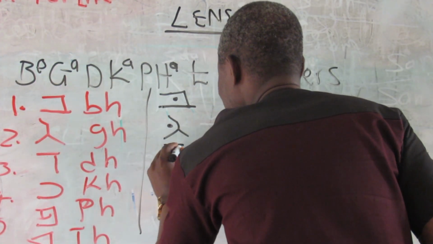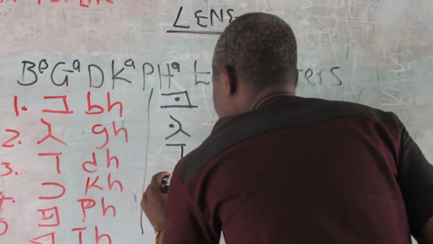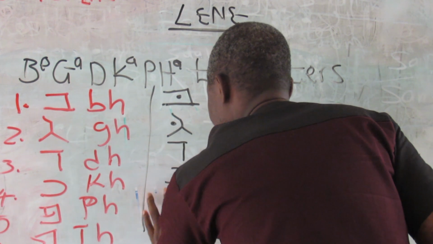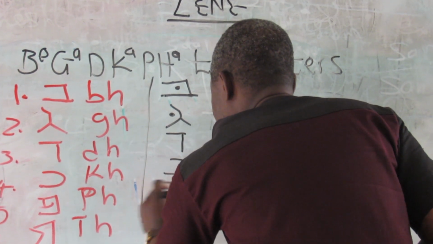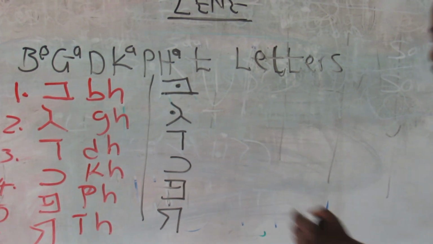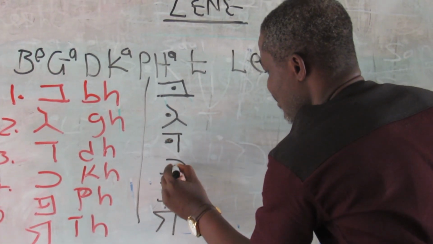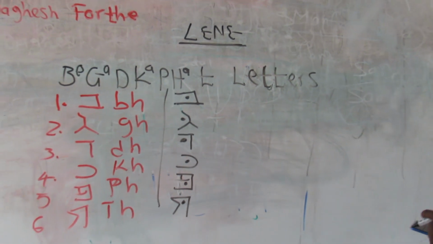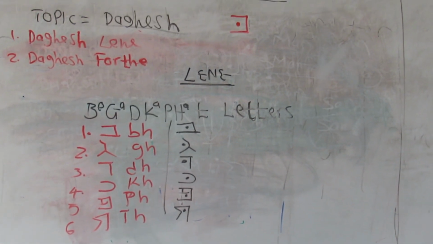Then the Bet becomes B, the Gimel becomes G, the Dalet becomes D, the Kaf becomes K, the Pei becomes P, and the Tau becomes T in pronunciation once they carry Dagesh Lini. Dagesh Lini is meant for pronunciation.